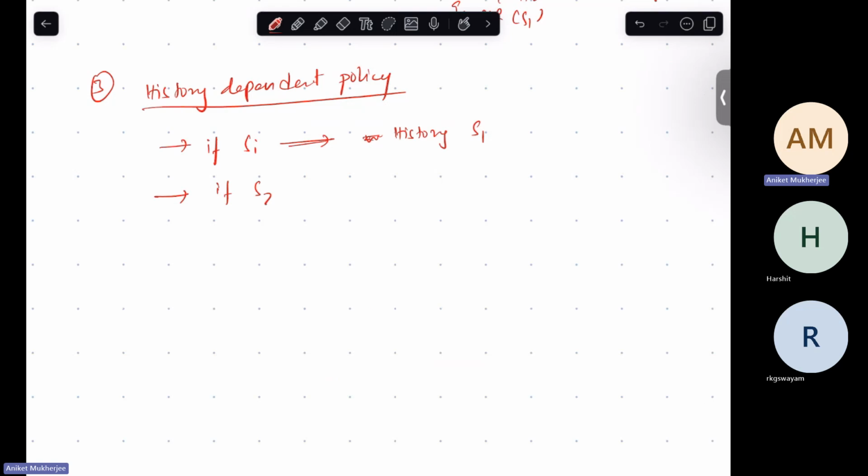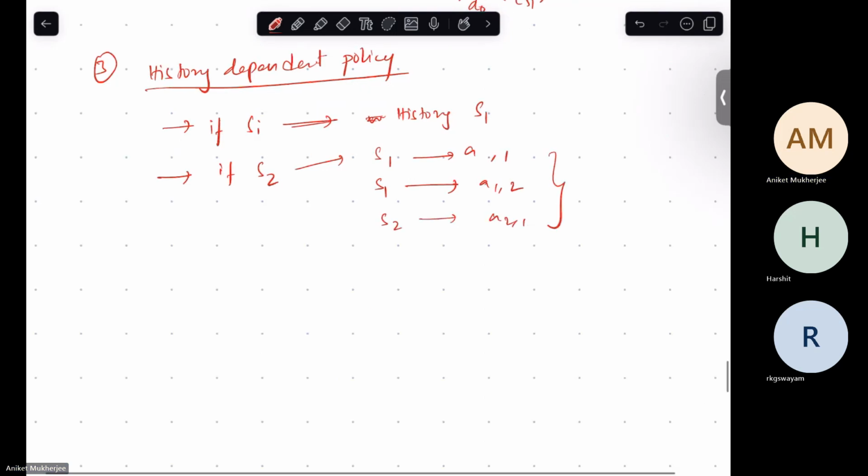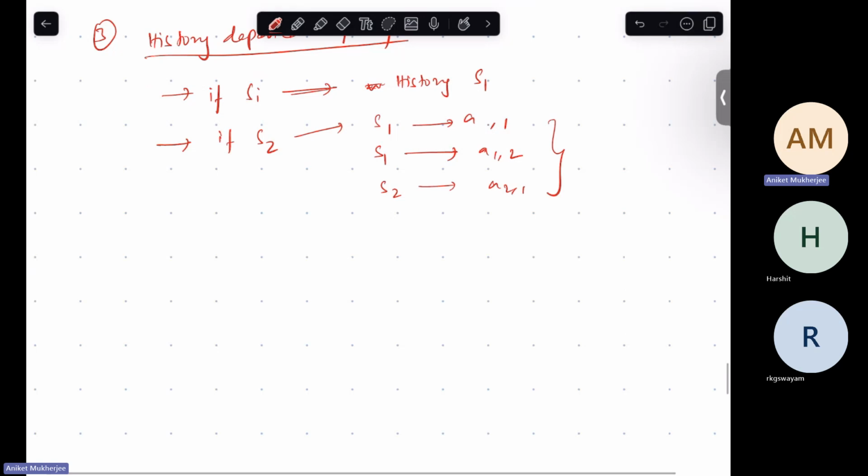And if S2, then you will basically boil it down to: you are in S1, you take action A11; previous state, you're in S1, you have taken A12, you were in S2 and you have taken A21. It'll boil down to just what previous state you were in.